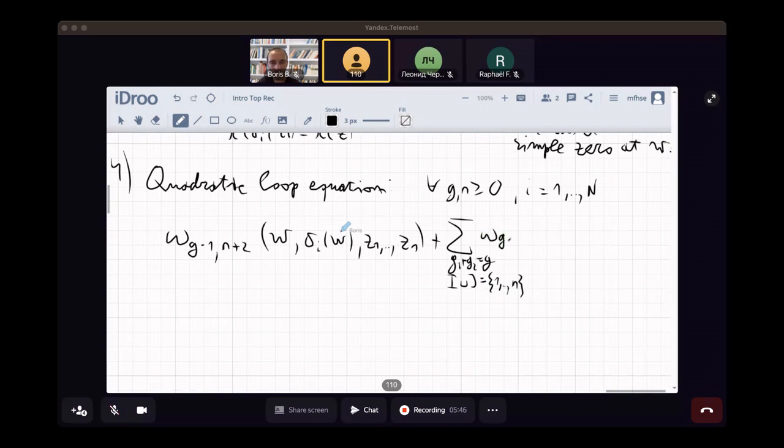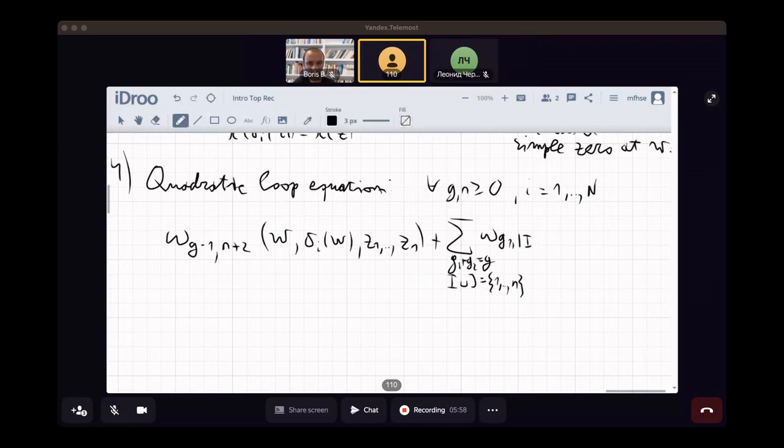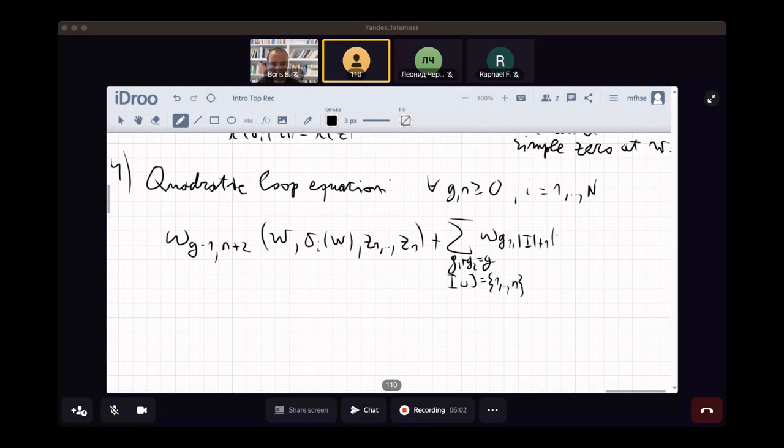So now this expression is very similar to the one we had in those brackets in the original formulation of topological recursion.